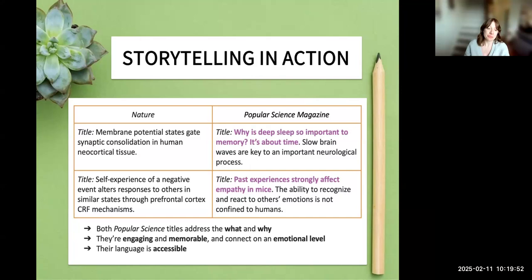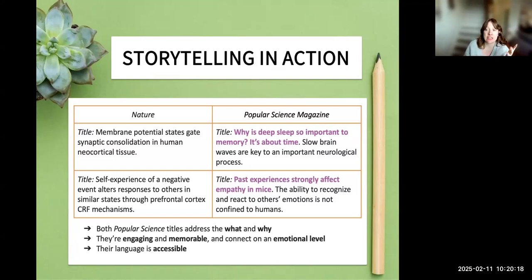I found these two articles that were originally published in Nature, and Popular Science then showcased these, and so obviously had to adapt the language for their audience. I just thought this was such a great example of thinking about your audience, thinking about the tone, and thinking about where certain language is more appropriate.